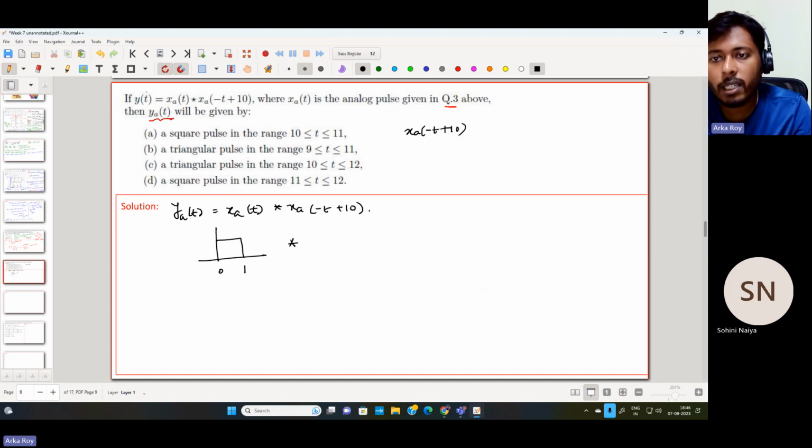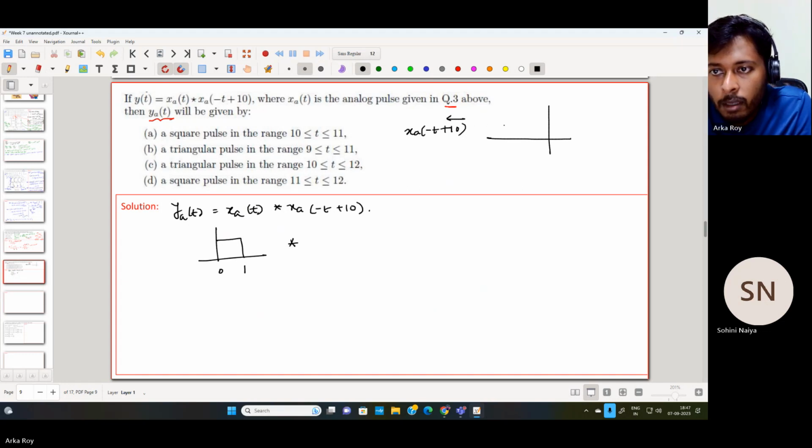Here we can see that composite operations have been applied. The first operation is the advancing operation. I will advance this signal by 10 units to the left-hand side, because in advancing the signal goes to the left part of the plane.